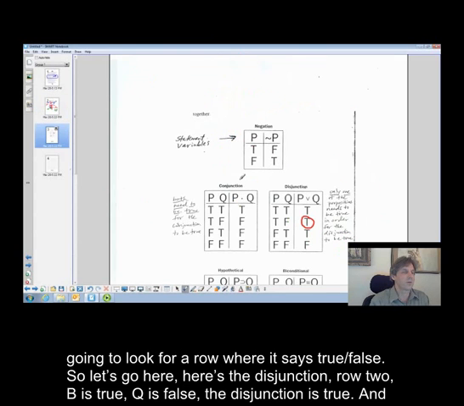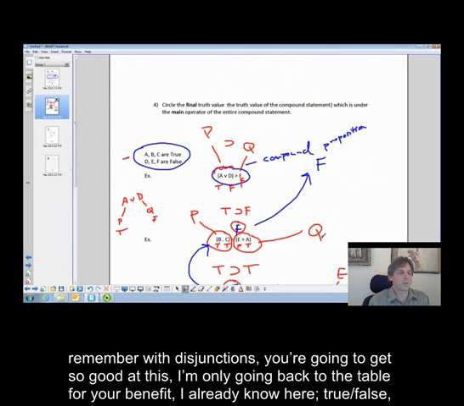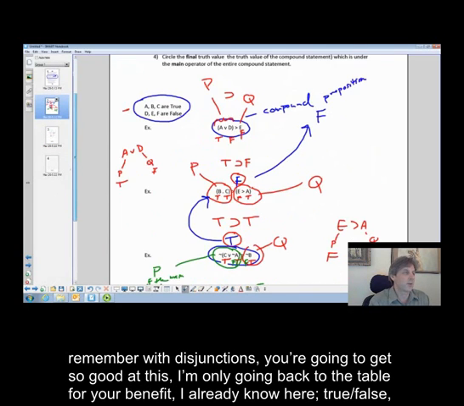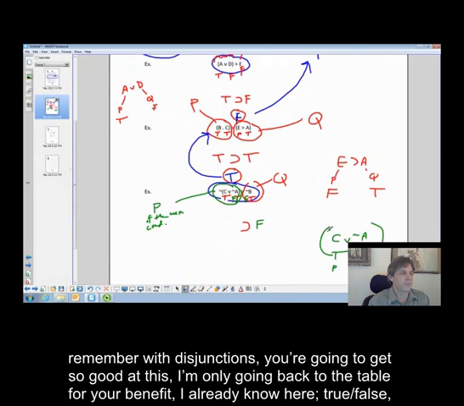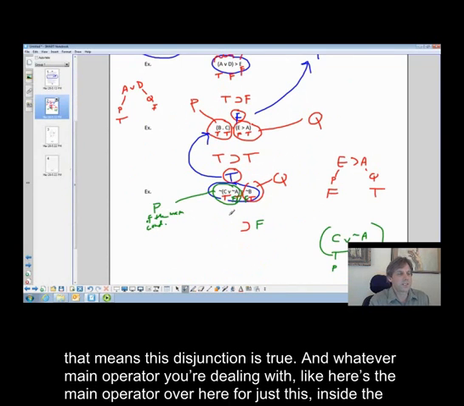So let's go here. Here's the disjunction, row 2, P is true, Q is false. The disjunction is true. And remember, with disjunctions, you're going to get so good at this. I'm only going back to the table for your benefit. I already know here, true, false, that means this disjunction is true.